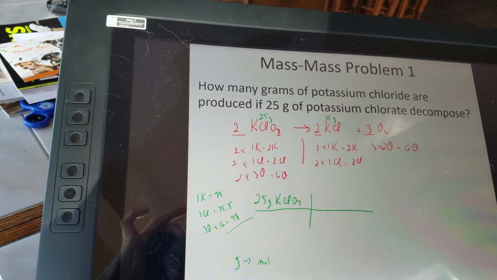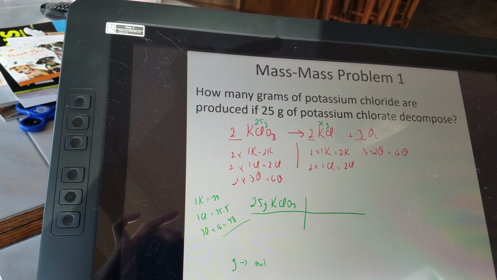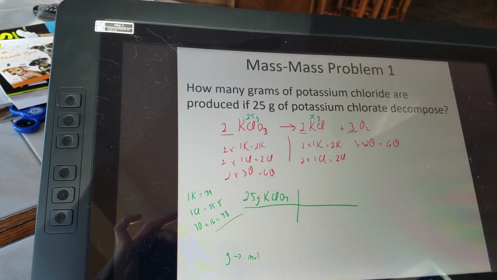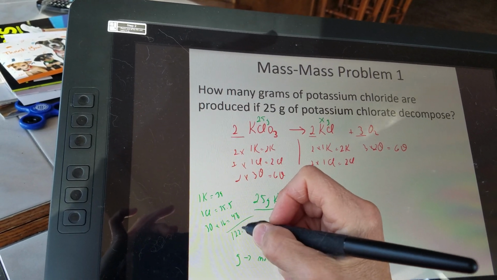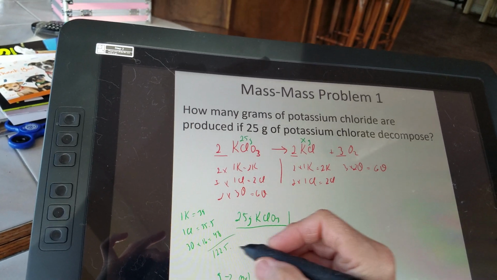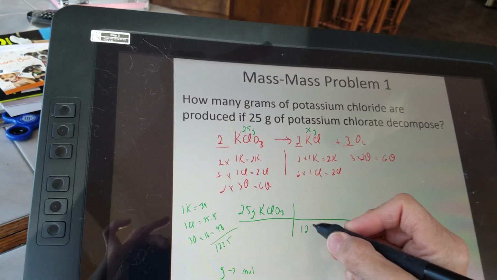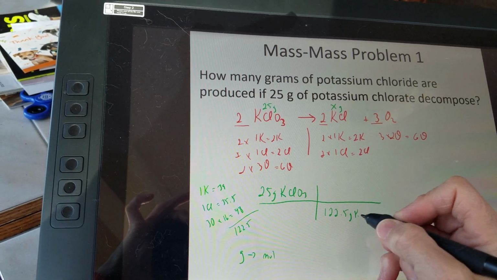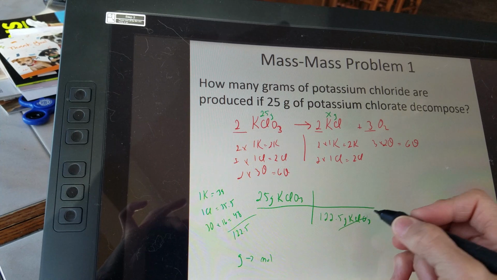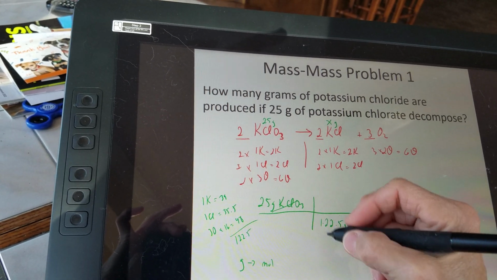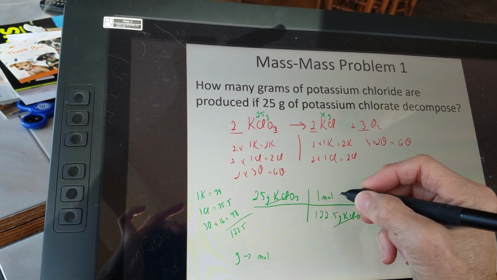So if you add your 39, your 35.5, and your 48, you're going to get 122.5. So that would be the gram formula mass. It's going to go on the bottom so that your grams unit can cancel out. And we know that that's equivalent to 1 mole because it's its gram formula mass.